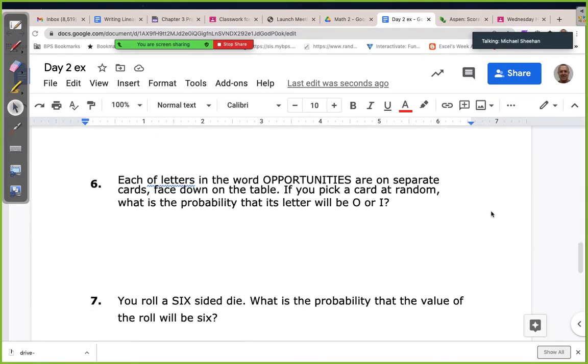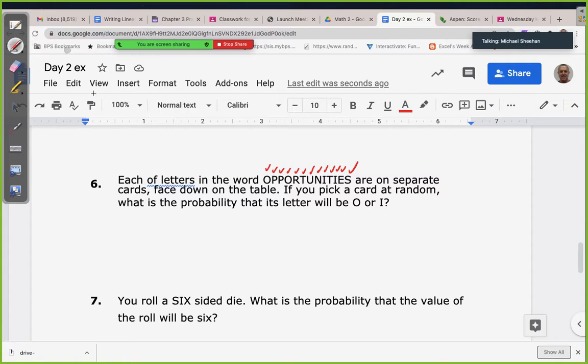All right, each of the letters in the word opportunities are on a separate card face down on the table. So we want to know how many letters we have, how many cards. We've got 1, 2, 3, 4, 5, 6, 7, 8, 9, 10, 11, 12, 13 letters.